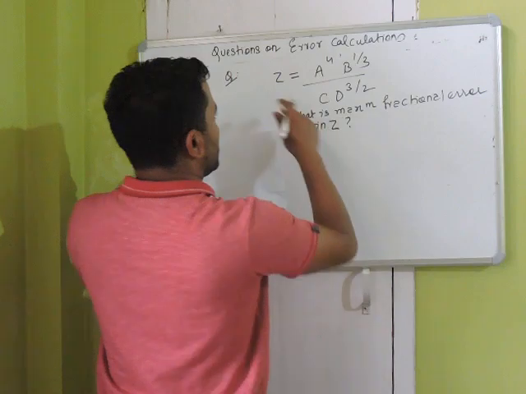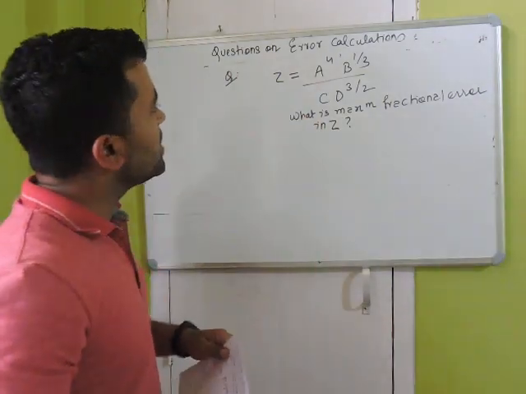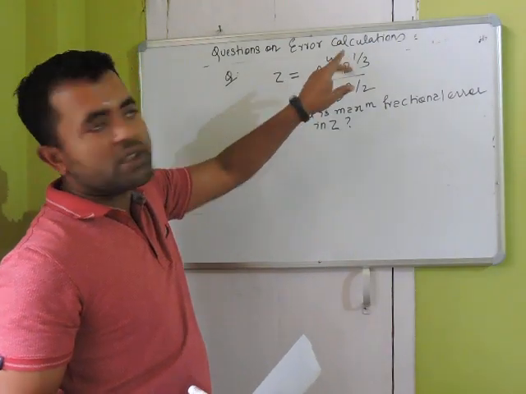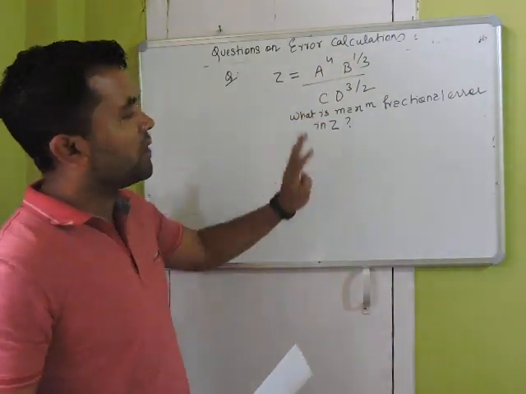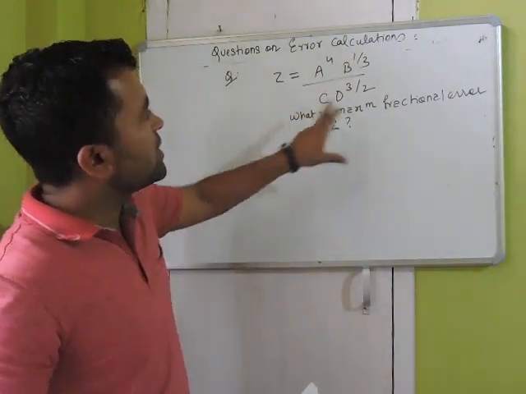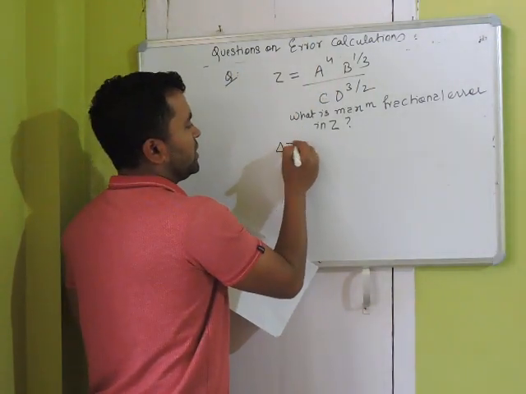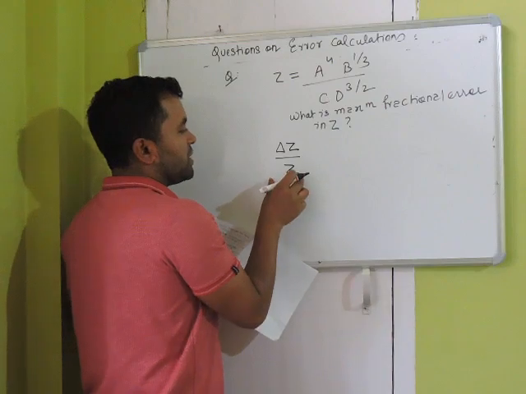So z is a physical quantity and it is represented like this. Again, if you remember division and multiplication, in this kind of expression the maximum possible error in z, delta z by z, is the fractional error.